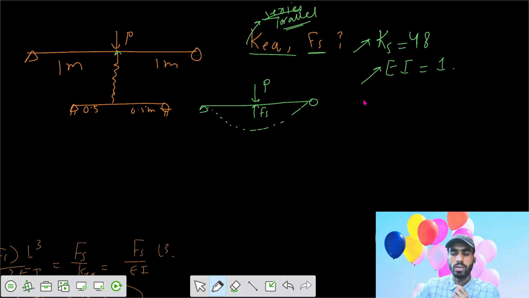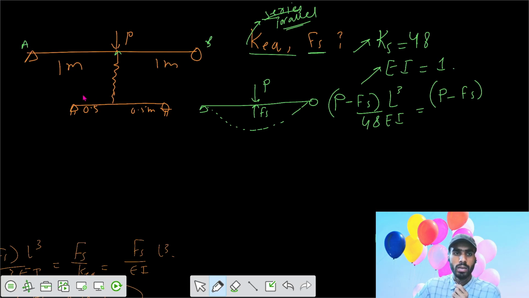We know the result for a simply supported beam subjected to a point load at the midspan. We write P minus Fs, so this is your net load, P L cube by 48 EI. If you substitute the values, this is your AB, so for AB your length L is 2 meters.